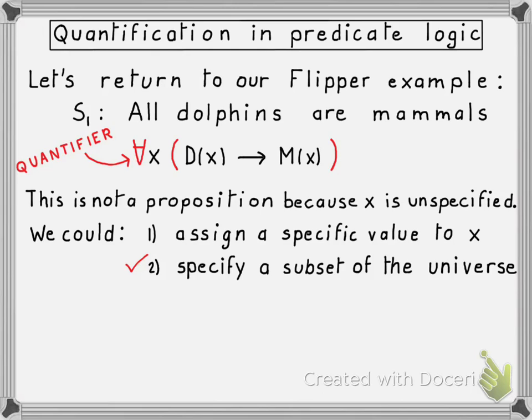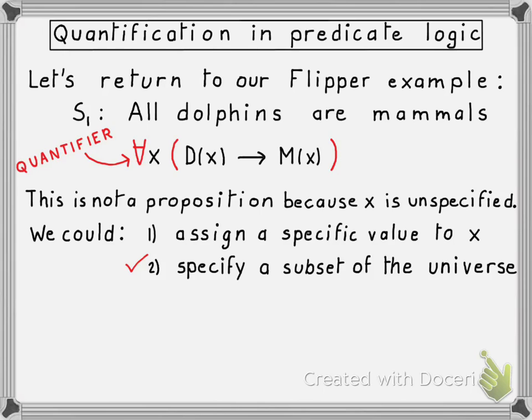Now, the second observation is that I indicated with red parentheses here the scope of the quantifier. So the scope of a quantifier is the part of the expression, in this case it happens to be the whole expression, that the quantifier is applicable to.